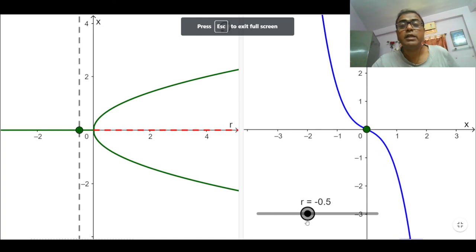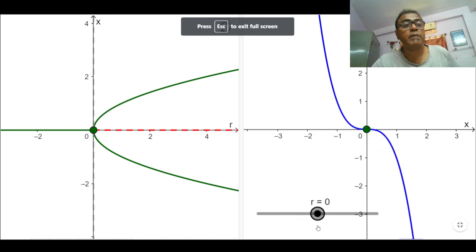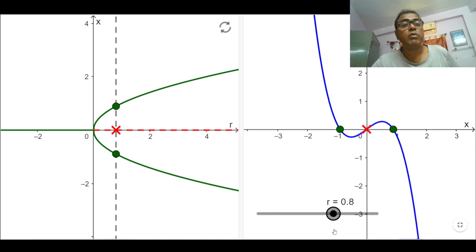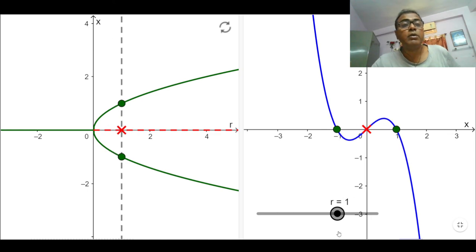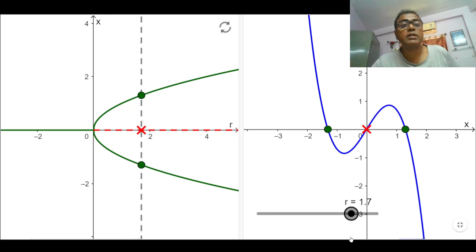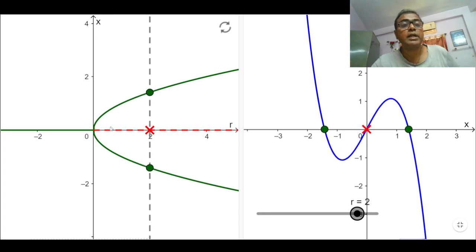When r is equal to 0, the bifurcation starts, and when r is positive, we get three equilibrium points. Two of them are stable and one is unstable, and the red dotted line is the unstable line, and the other two equilibria are stable.